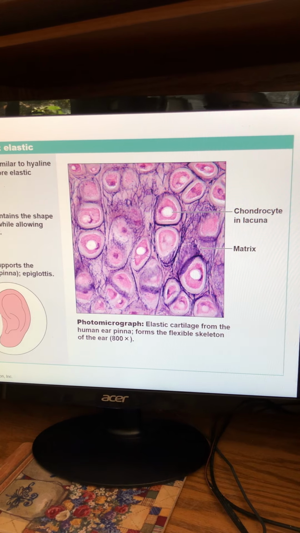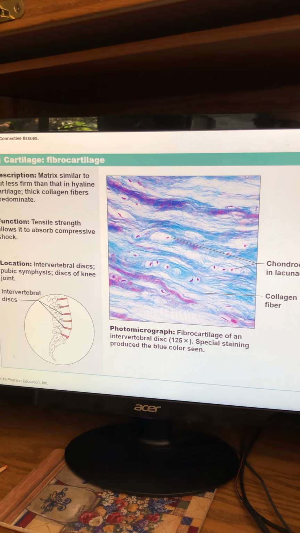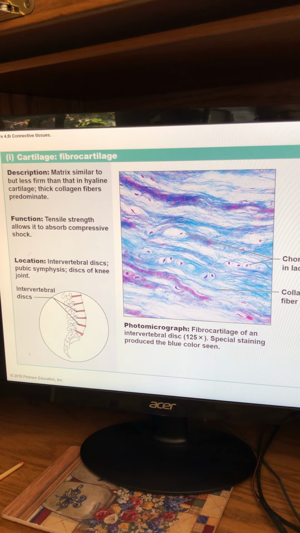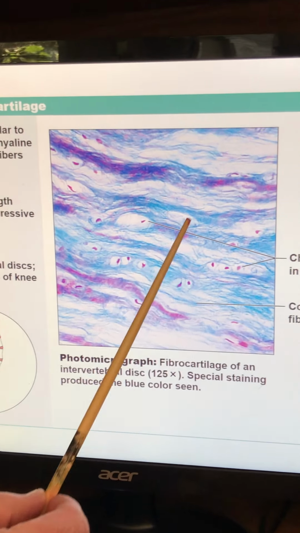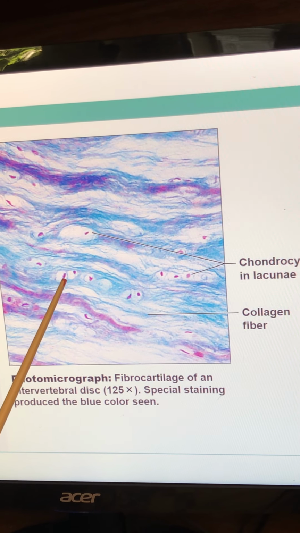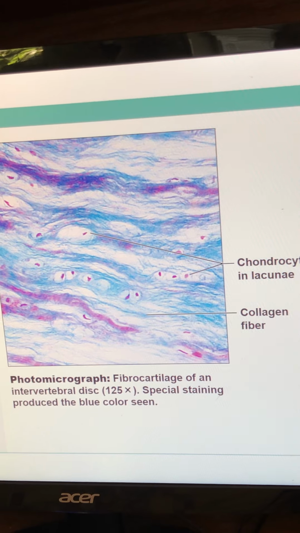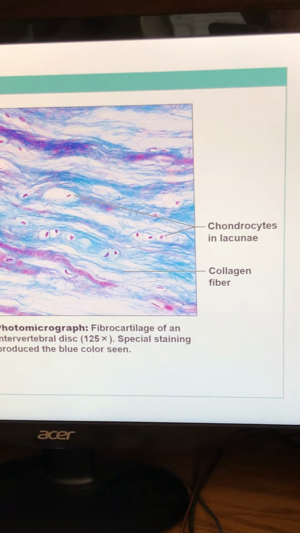The last type is called fibrocartilage. This particular picture is kind of what it looks like. There is going to be thick collagen fibers that pick up a blue stain. So here is the chondrocyte in the lacuna, the little pink thing here. And so in this particular case, this one can absorb a great amount of shock.